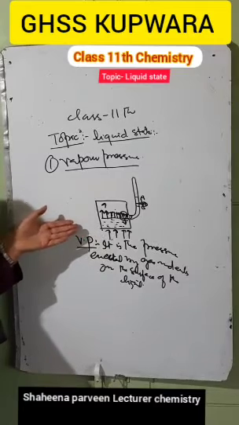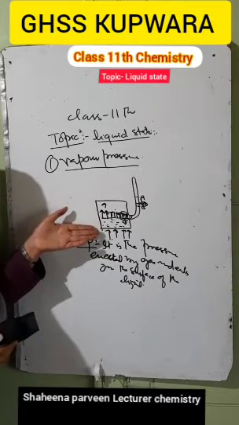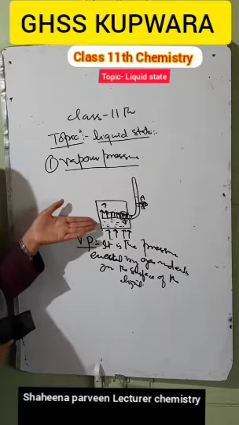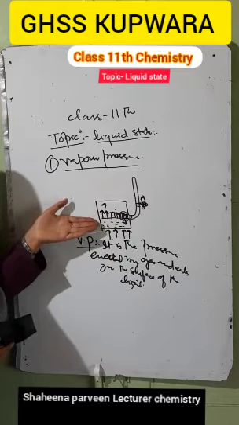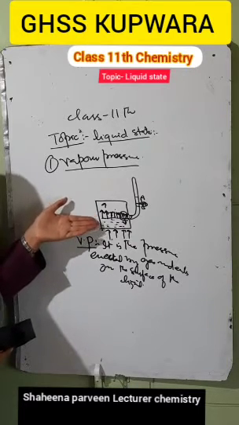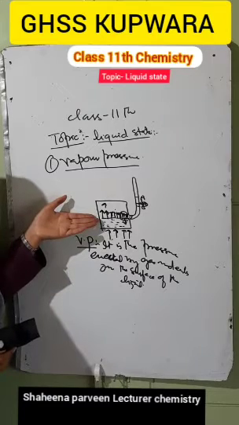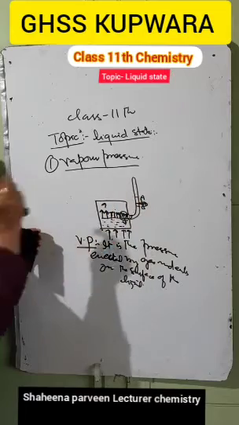Now first case is that liquids, when they gain the energy, start converting into the gaseous state. This process, the conversion of the liquid into the gas, is called the evaporation, which is shown by the increasing level of mercury in the manometer.